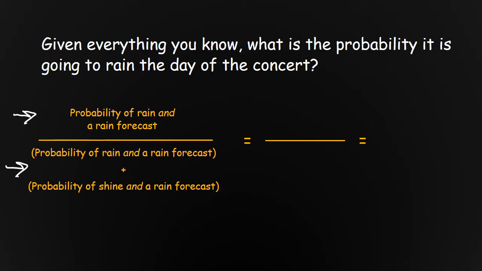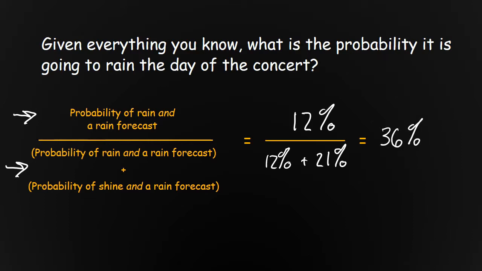From the calculations on the previous slide, I have 12% up here on the numerator, which is the probability of rain and a rain forecast. I have 12% plus 21% on the denominator. This gives me the answer. There's a 36% chance of rain on July 17th.